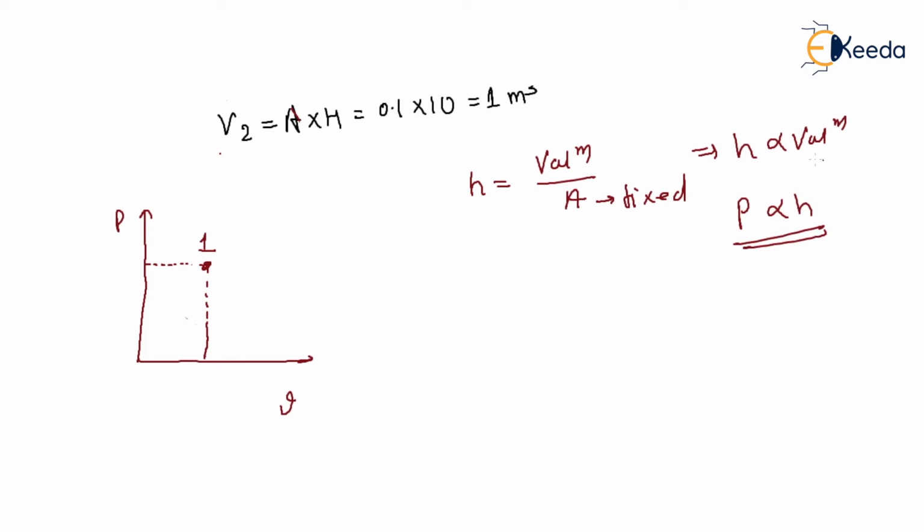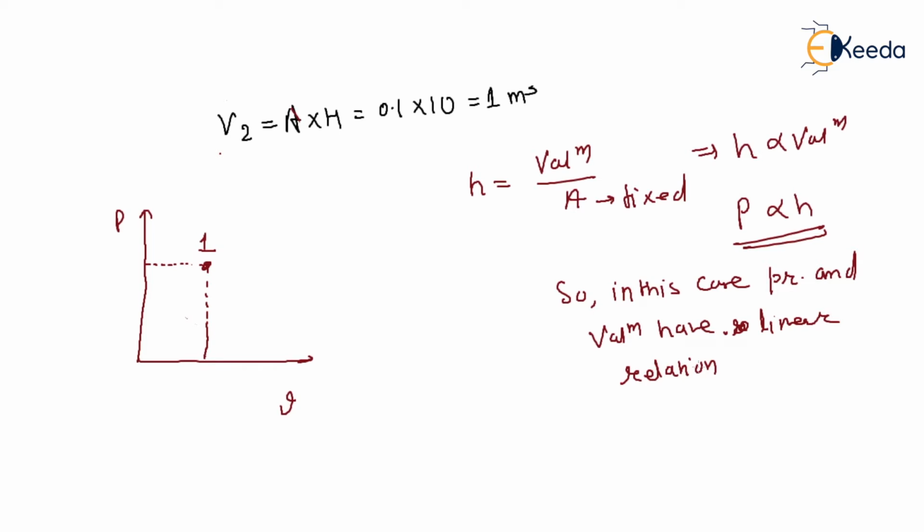So pressure and volume have a linear relation. If the piston moves up, the pressure will drop and it will reach a final point 2. So this is your process number 2.